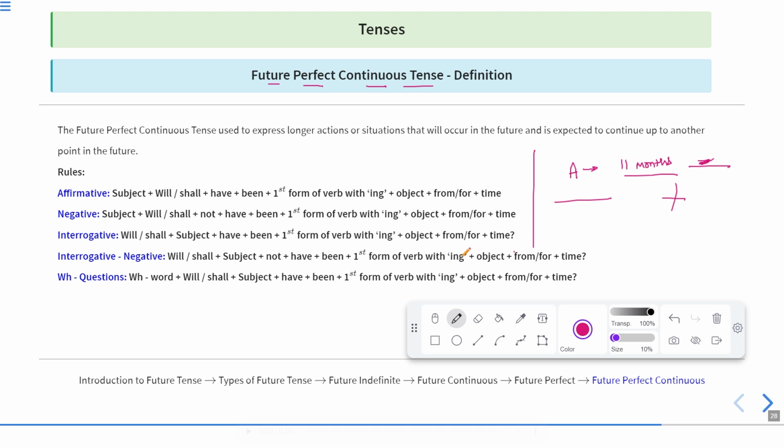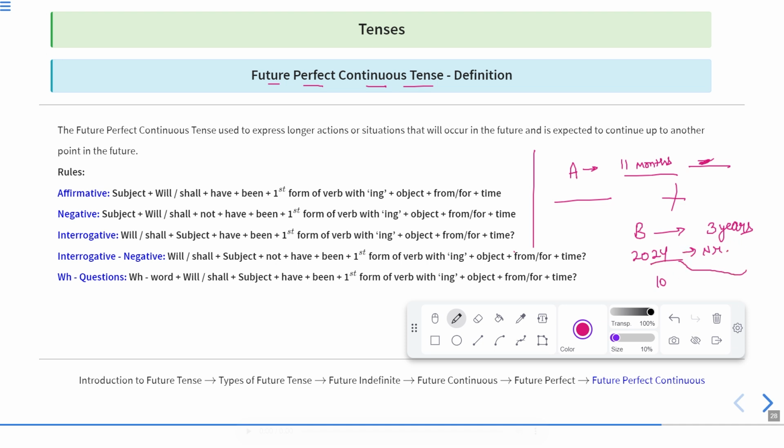Okay, for example, suppose there is a person B, and his son is 3 years old. Okay, now he just imagines that now it is 2024. Okay, and his son is in nursery class. Okay, now he imagines that after 10 years, my son will have been studying for 10 years.